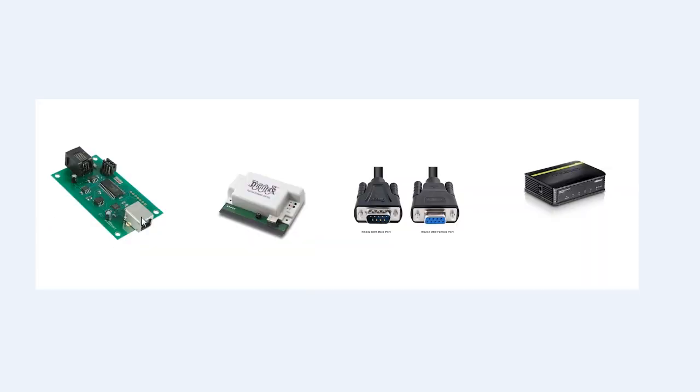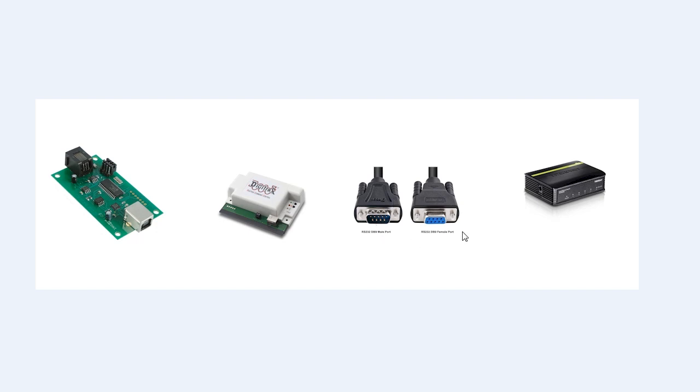This is the basic USB connection. This is an NCE USB interface, and then this is a Digitrax interface, and both of these have, I think, a USB type A connection.